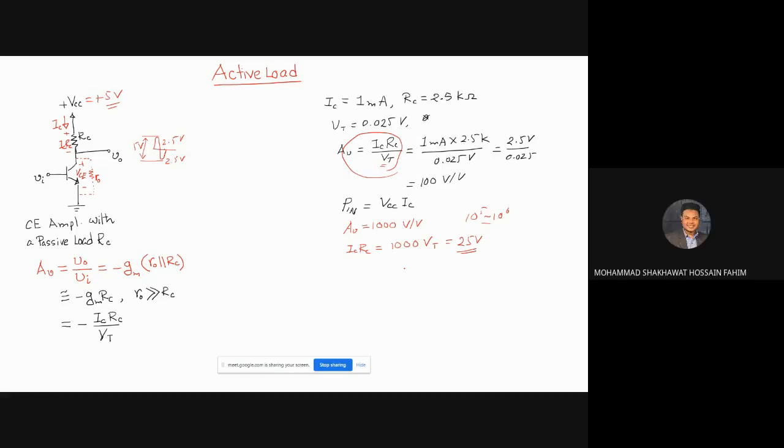Yes, sir. Now see the requirement here for the power supply. For 1,000 gain you need 25 volt here, and another 25 volt here. So the requirement on the power supply becomes 50 volt, right? Is that a practical solution?